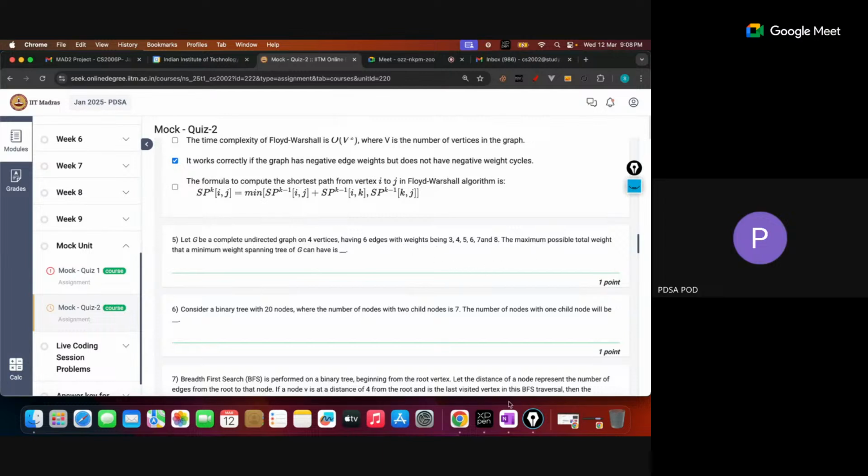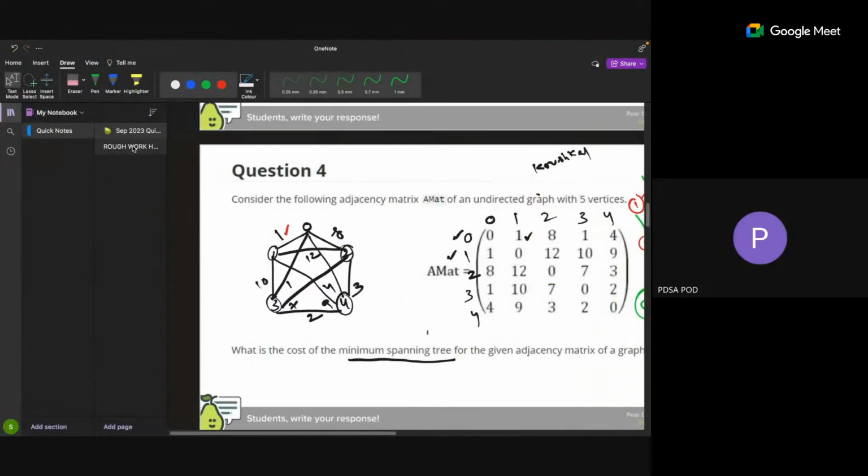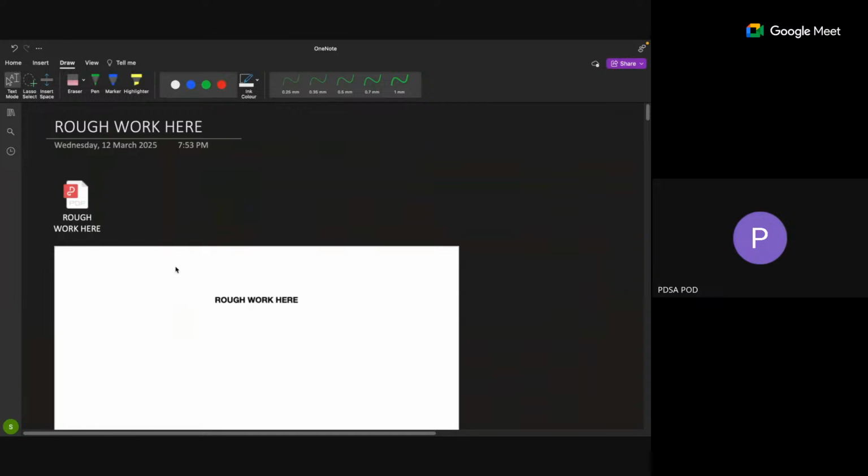No problem. 4 vertices. As per the question, let me open another page because I don't want to disturb everything.